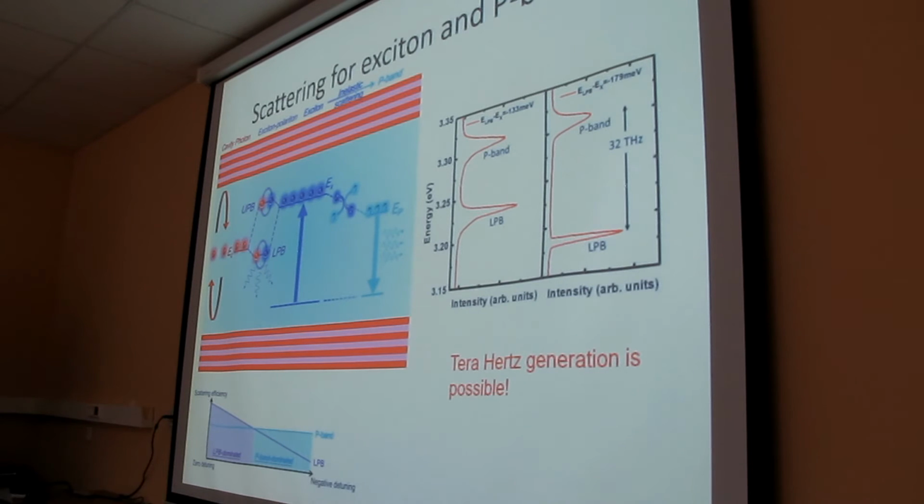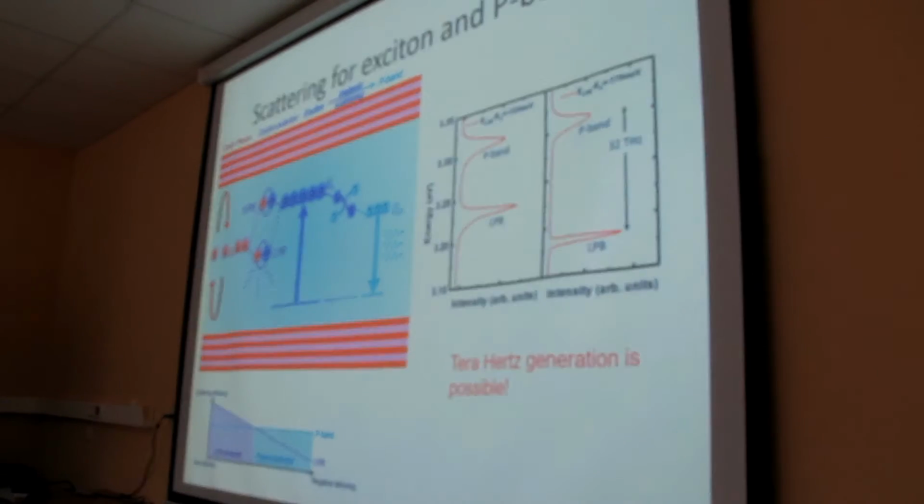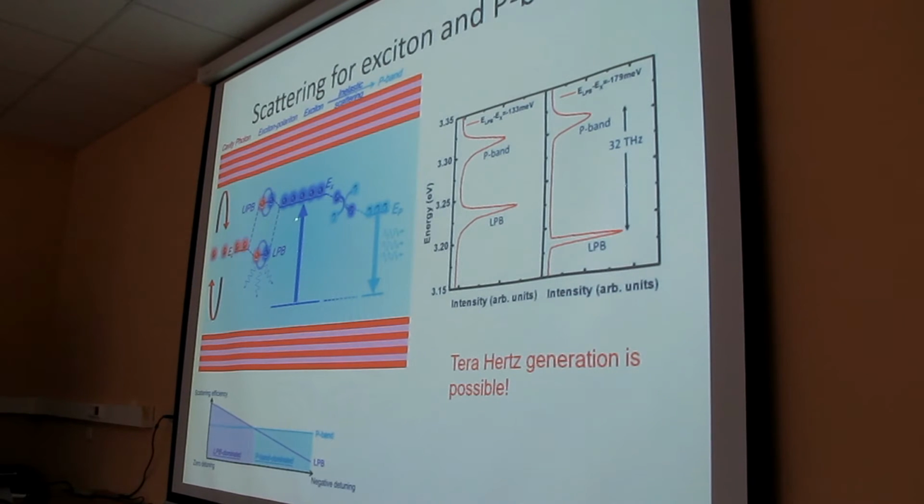So here is the simple schematic of our system. First, our laser pumps into the zinc oxide microcavity and generates excitons in our reservoir. And the excitons will transfer into branches: first, the P-band, and second, the upper and lower polariton branches.